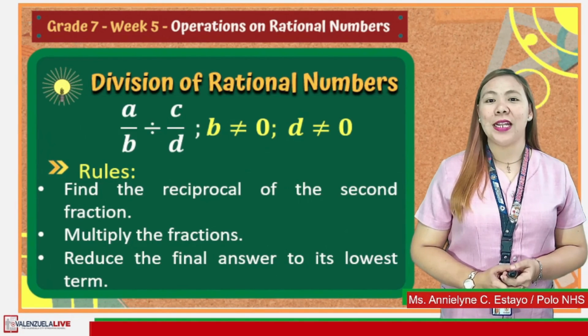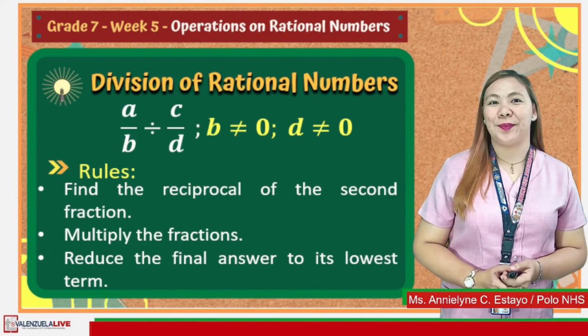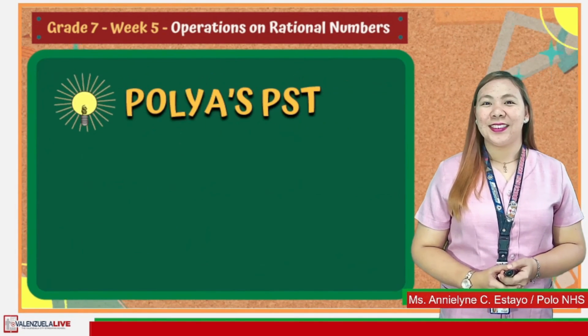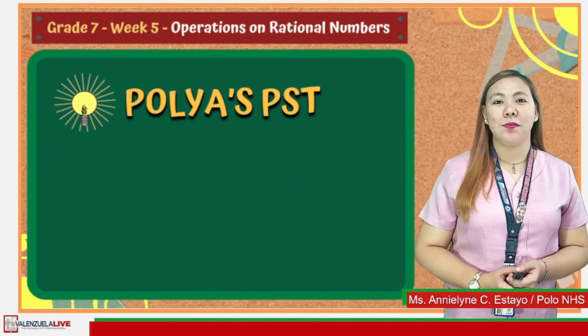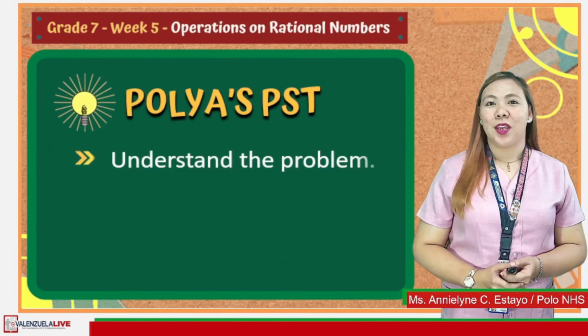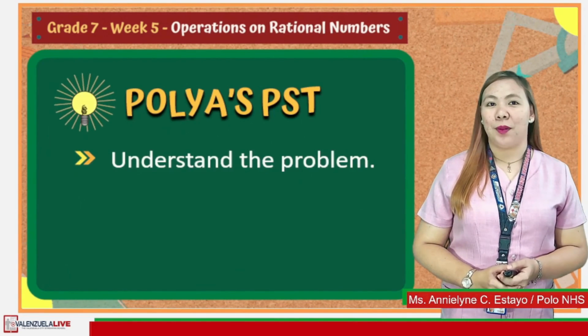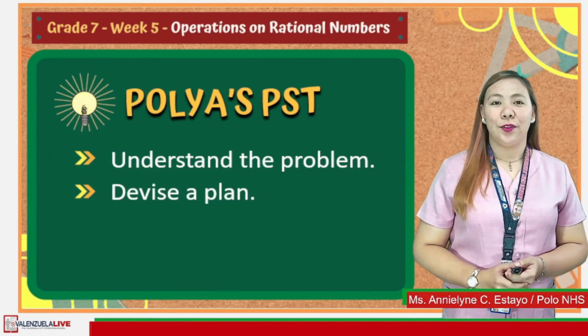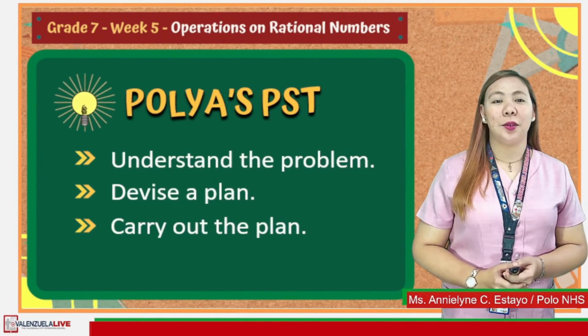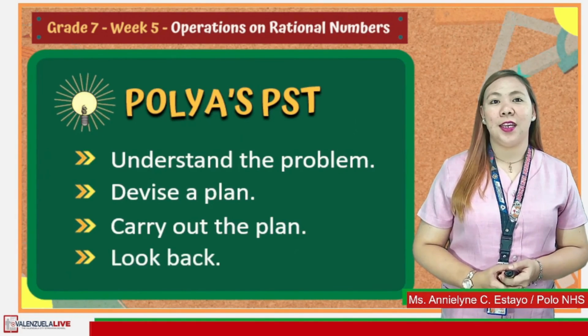Reduce the final answer to its lowest term. In problem solving, we can use Polya's problem-solving strategy. First, understand the problem. Second, devise a plan. Third, carry out the plan. And lastly, look back.